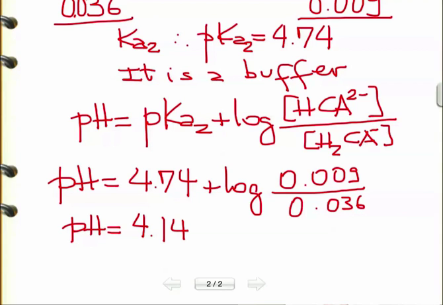Now, if you have the pH 4.14, we know the concentration of protons. The concentration of protons is 10 to the power of negative pH, right? The inverse relationship of pH.